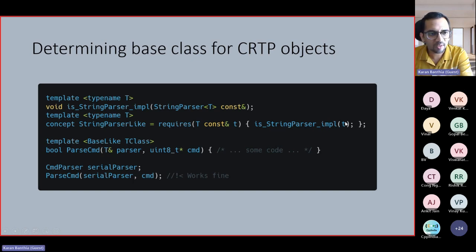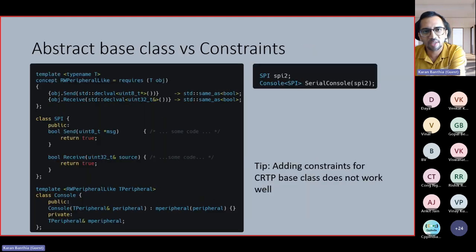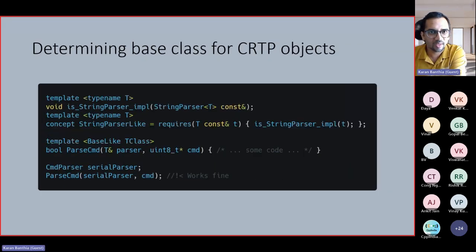Once it is in string parser, it will check whether command parser is of type string parser T. If yes, it is successful. If no, it will give a compile time error. So adding constraints to CRTP objects, you'll need to know the base class. And that is why I said that using constraints on CRTP is not always quite straightforward. So you need to know the base class, and you can determine the base class using a constraint.